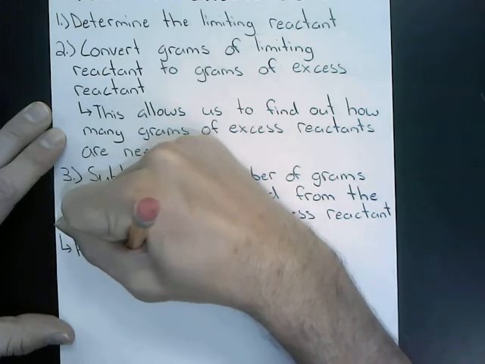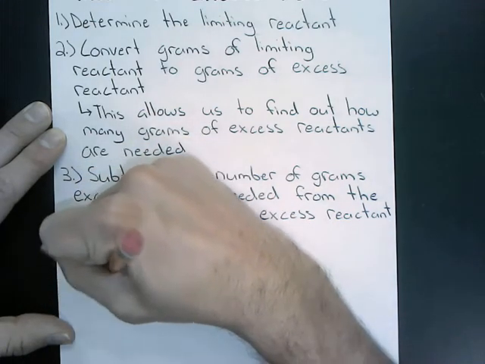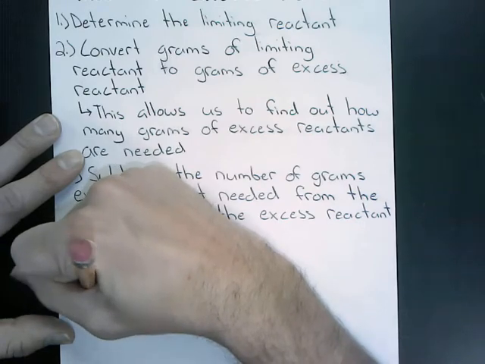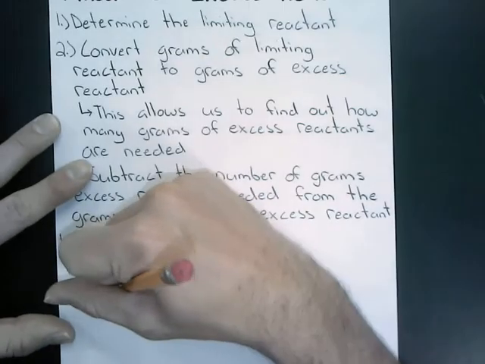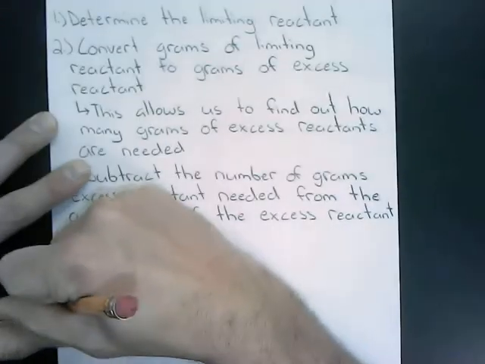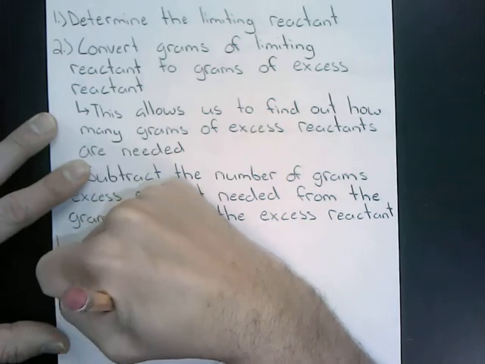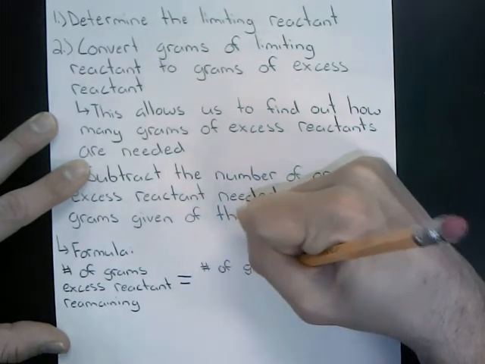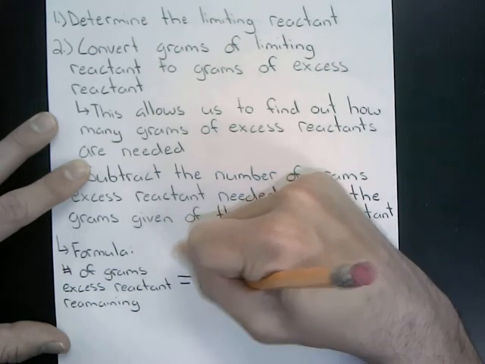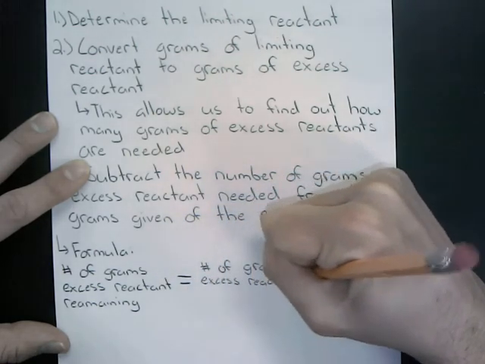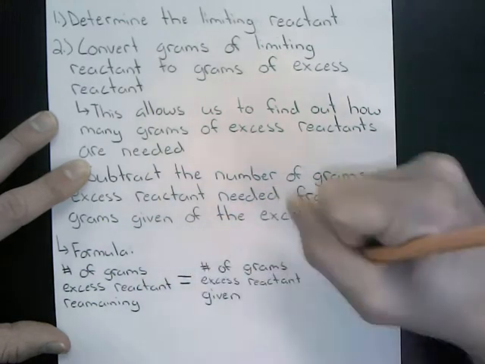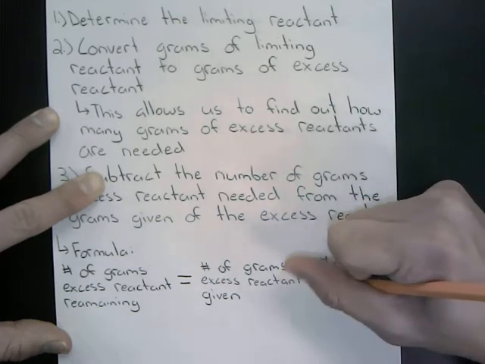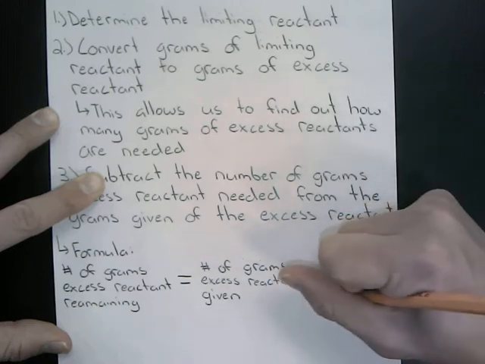The formula is the number of grams of excess reactant remaining is equal to the number of grams of excess reactant given minus the number of grams of excess reactant needed.